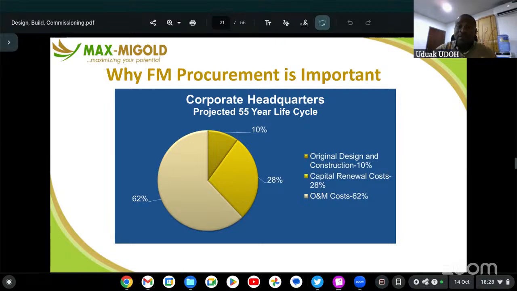We think of the cost of operating and maintaining that asset being purchased. You should always think, if I'm to get this, does it actually meet the need? What's going to be the life cycle of such an asset? It's always good for us to think during procurement whether it's going to be of benefit to the organization.